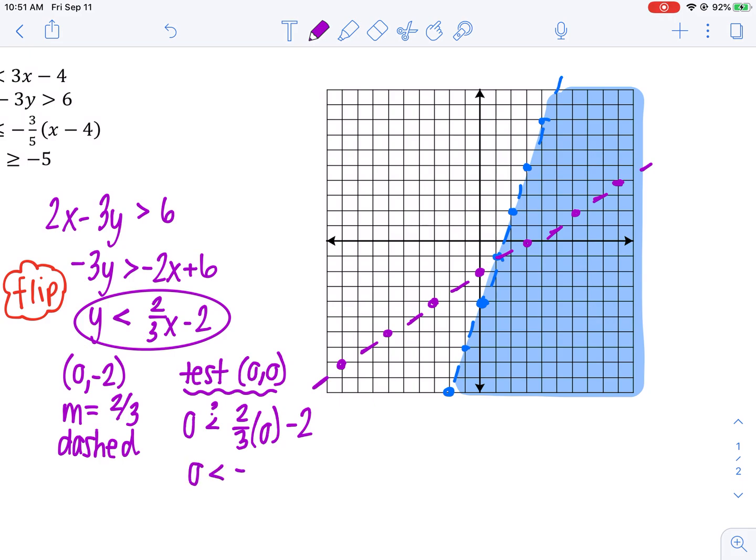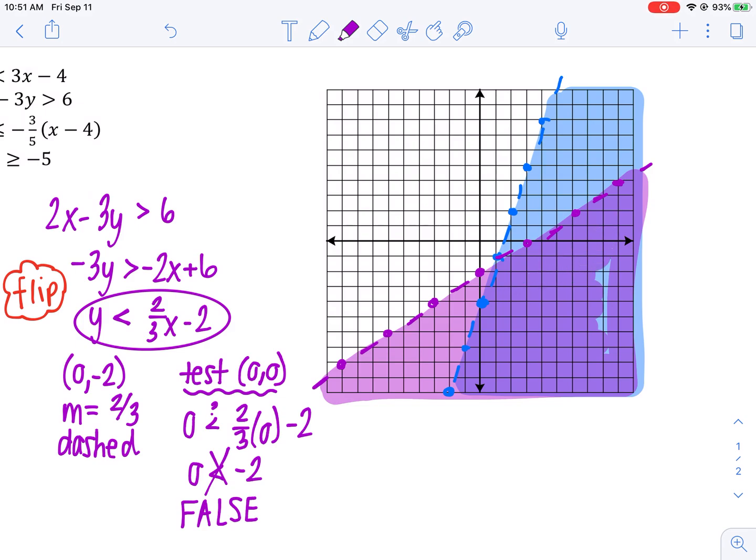Is 0 less than -2? No, that's false. So that means this point 0, 0 is not in the solution area. Well, if it's not in the solution area, go to the other side. That part is.